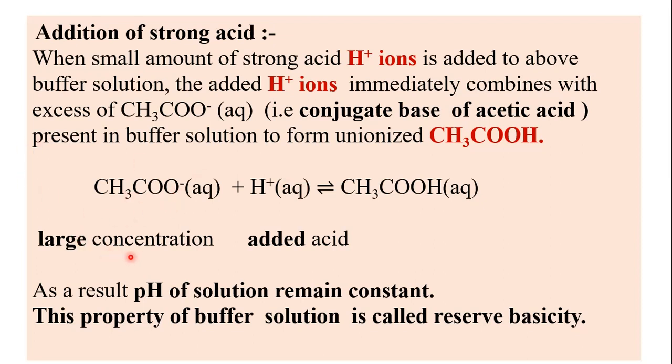Acetate ion, which is present in a large amount, reacts with added hydrogen ion and forms undissociated molecules of acetic acid, and thus the effect of these added hydrogen ions is nullified, and therefore the pH of the solution remains constant. And this property of a buffer solution is due to the presence of excess of acetate ion, and that is called reserve basicity.